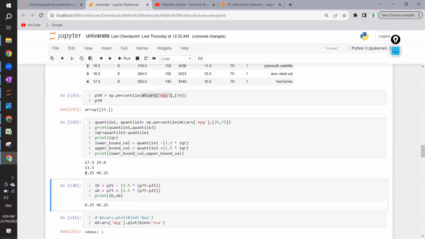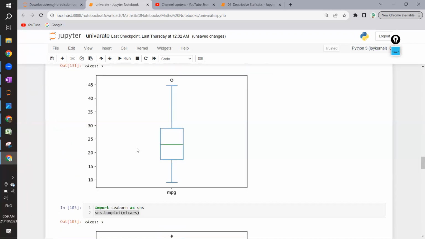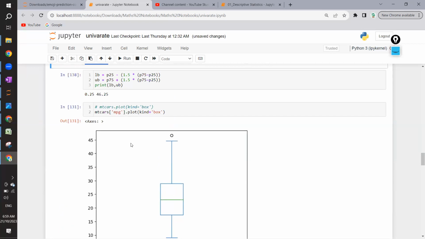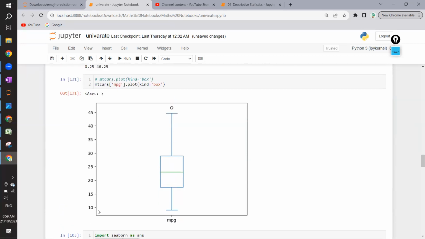Lower bound it is giving us 0.25, and upper bound 46.25. Does this look like 0.25 as a lower bound?